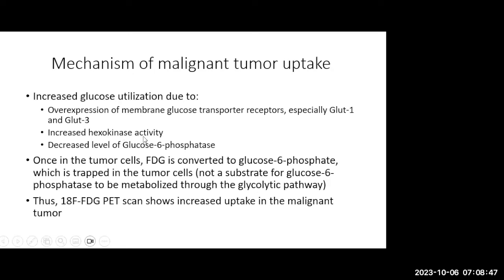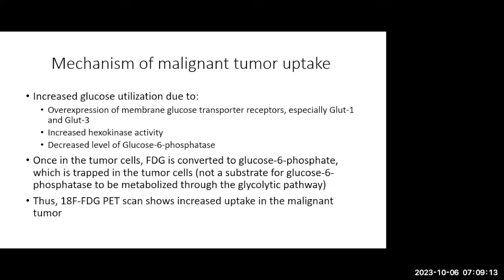There is going to be increased hexokinase activity, which is the enzyme responsible for phosphorylating not only glucose, but FDG. And then decreased levels of glucose 6-phosphatase, which is the one responsible for dephosphorylating the FDG or the glucose. In other words, there is going to be more glucose 6-phosphate available, the phosphorylated type.